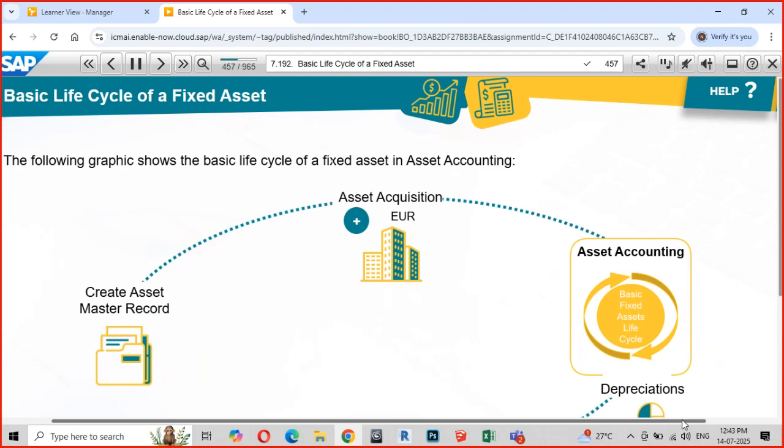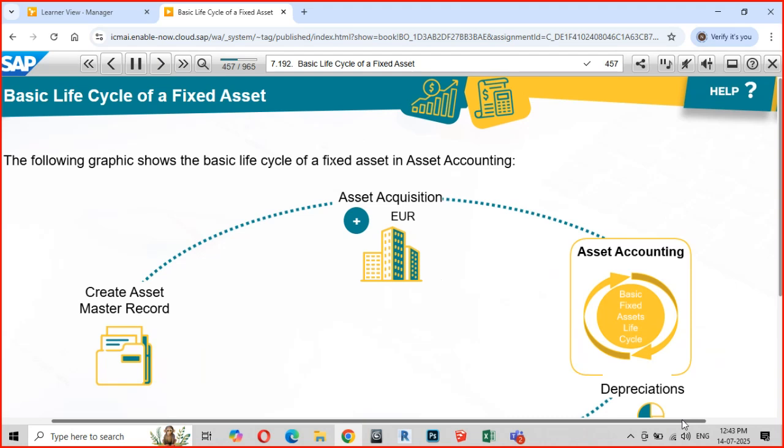But if you still want me to repeat, I am more than happy. Not a problem. Just let me know in your Q&A section if you want me to repeat what a chart of accounts is.